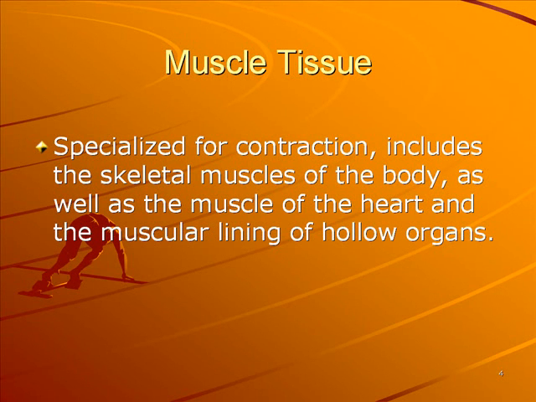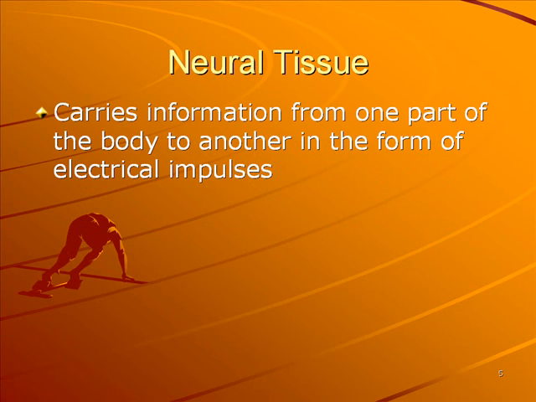The gastrointestinal tract, for example, has smooth muscles that allow the contraction of the colon. The blood vessels in our body have layers of smooth muscles that allow blood vessels to constrict and to relax or dilate. So muscle tissue is specialized for contraction, in skeletal muscles of the body as well as muscles of the heart and the muscular lining of hollow organs.